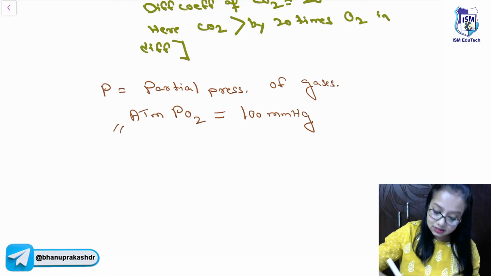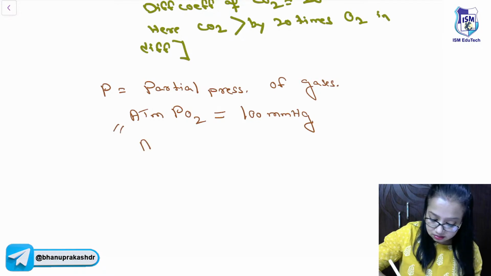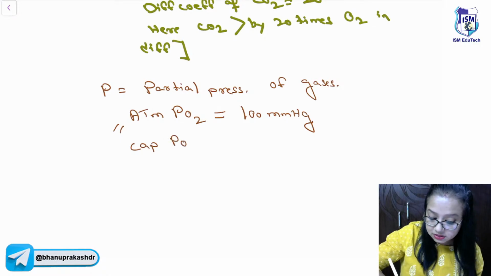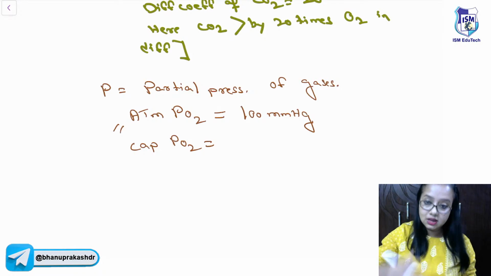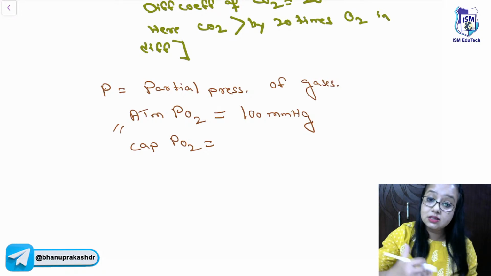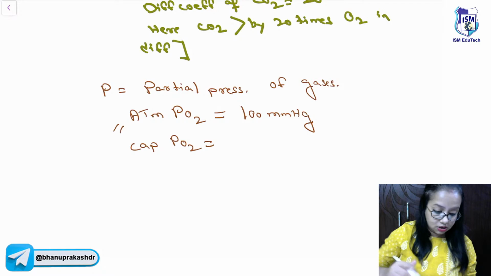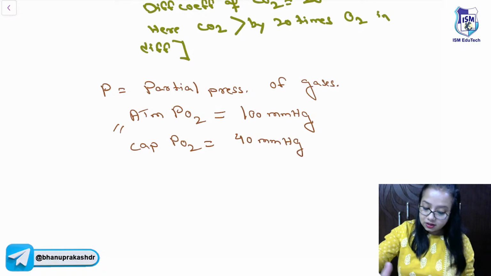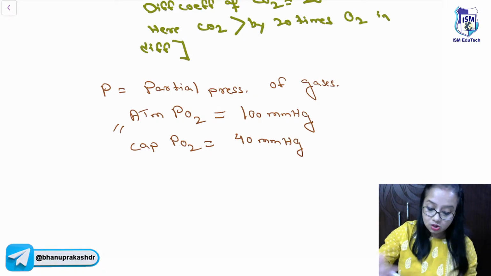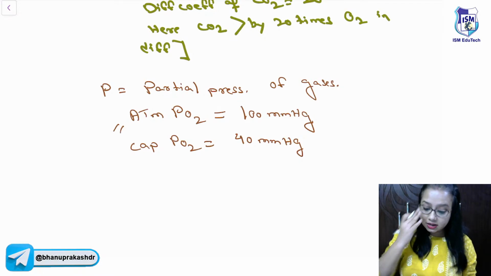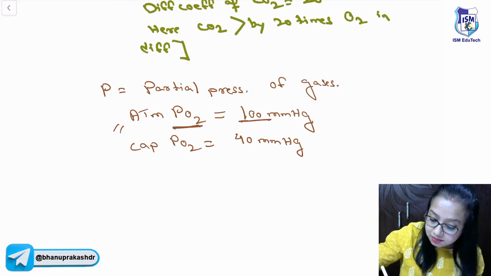Whereas the capillary partial pressure of oxygen, because the capillary blood that is carrying oxygen to the alveoli is rich in carbon dioxide and less in oxygen, is 40 mmHg. So when we inspire air from the atmosphere, it has a partial pressure of 100 mmHg, right?